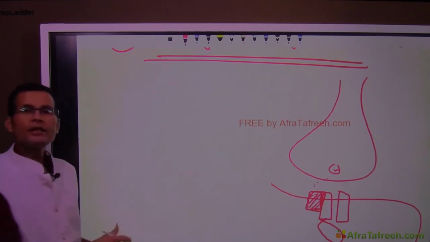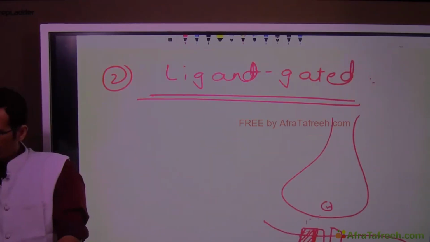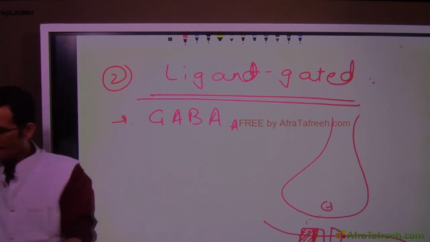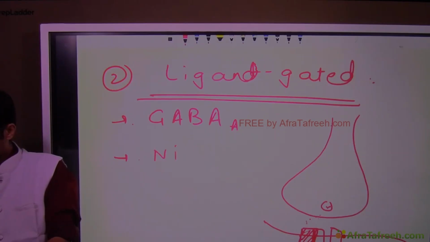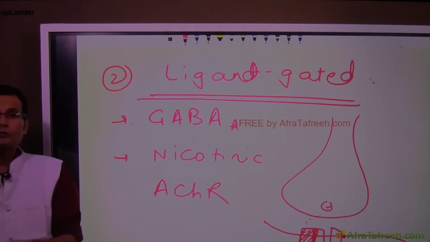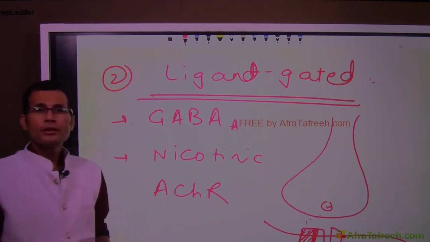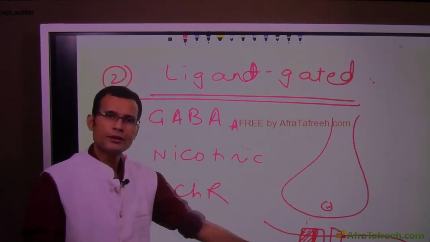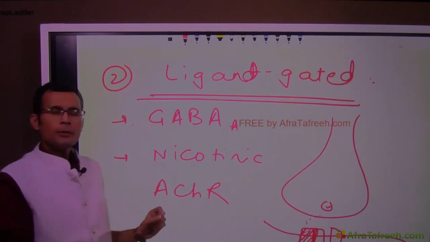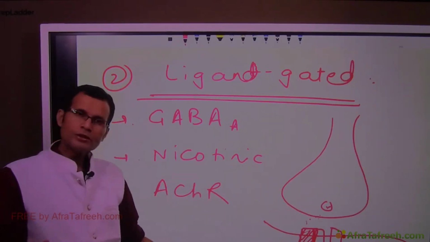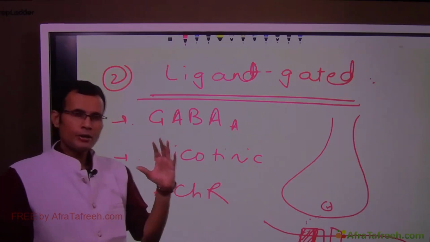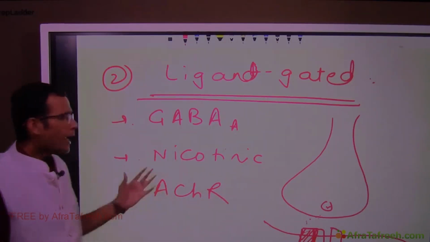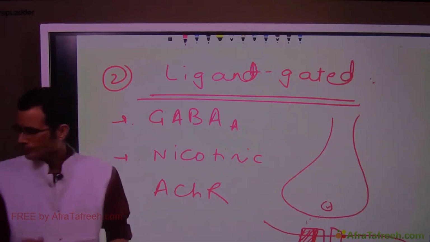So this is a ligand gated ion channel. Examples: GABA A, nicotinic acetylcholine receptor. Nicotinic acetylcholine receptor, with the receptor portion and the associated channel, is present in the neuromuscular junction, in the autonomic ganglia, and in the CNS.